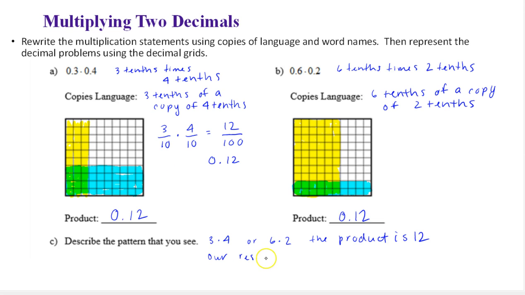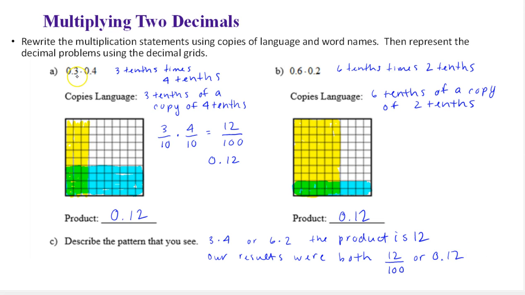Our results were both, and I'm going to write this as a fraction, 12/100ths or 0.12.